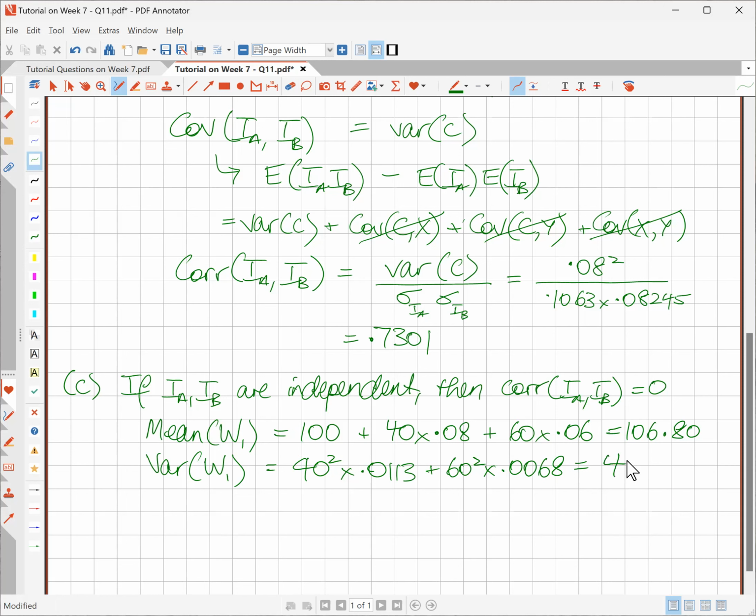That comes to 42.56. And so the standard deviation there is the square root, of course. And so we get 6.52 or $6.52.